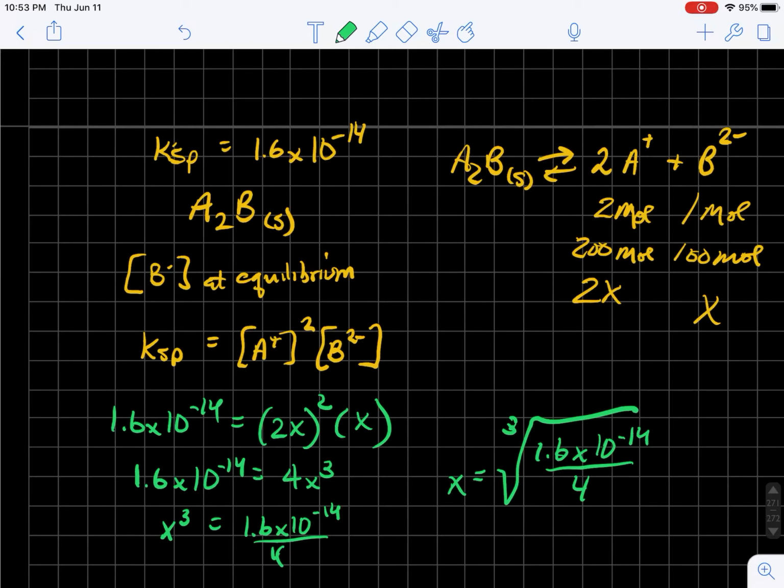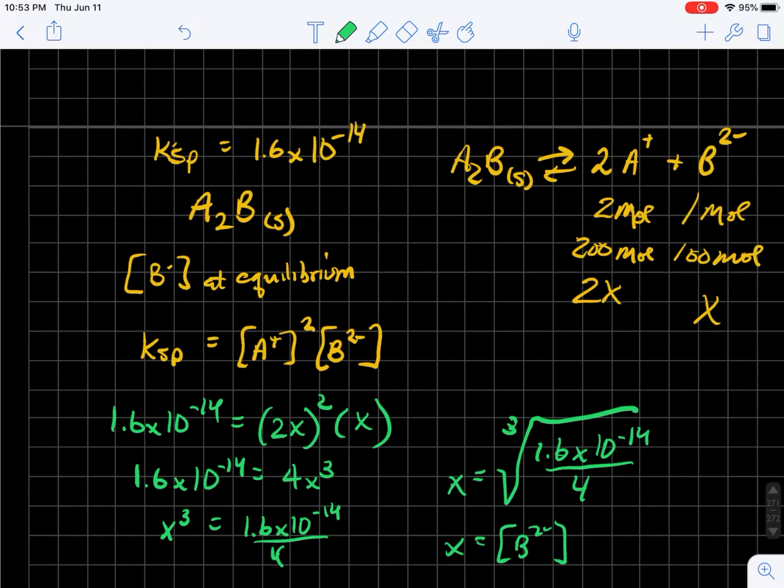So we're going to do what's inside the radical first. So 1.6 exponential negative 14 divided by 4, we get an answer. And now let's raise that. If you don't have a cube root function, I do on my calculator. If you don't, you could always raise this to the 1/3 power. I'm going to do the cube root.